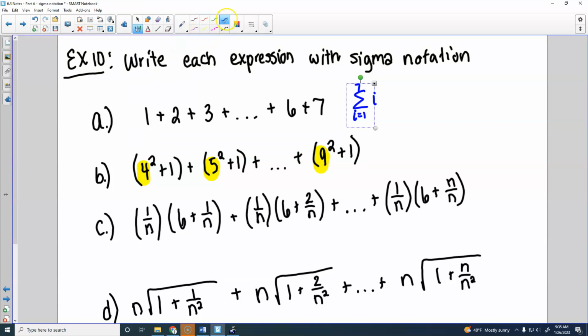So the formula would be the sum of I squared plus 1. What's the start value for that? What? 4? And it goes up to 9. Right, so that one doesn't have a start value of 1. It's not asking you to evaluate it. It just wants you to write it in sigma notation.